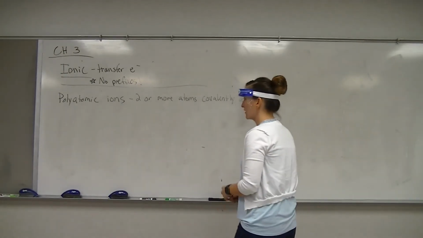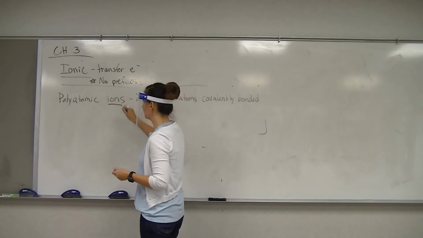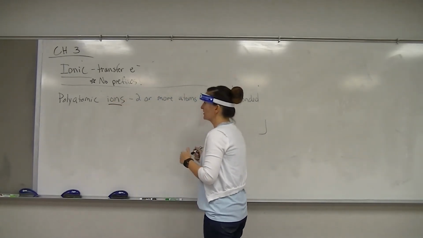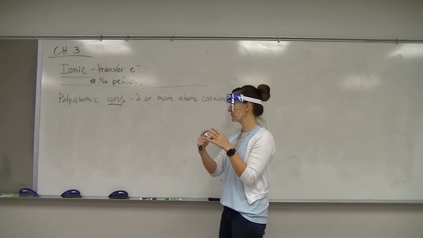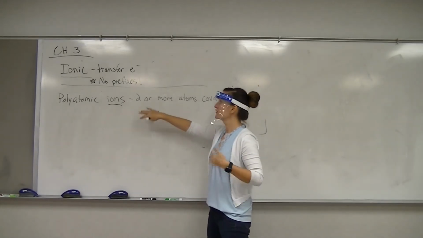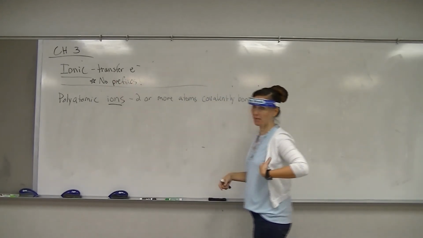You can have ionic compounds that contain a polyatomic ion. Notice the word ion. These are covalently bonded compounds, but they have a charge. Since they're an ion, they're involved in ionic bonds.